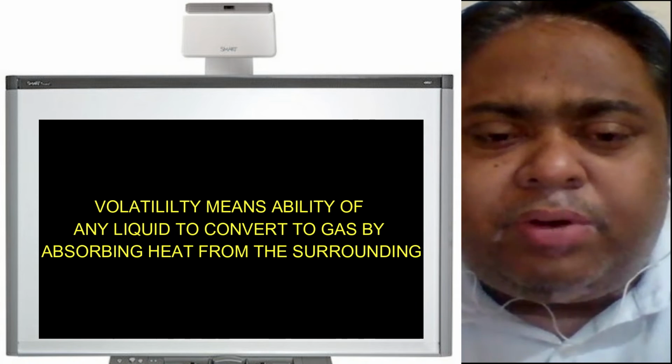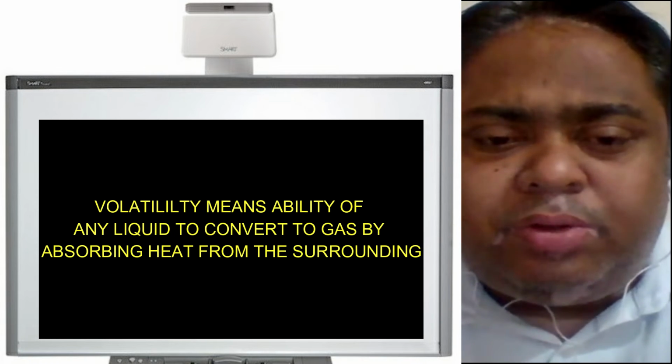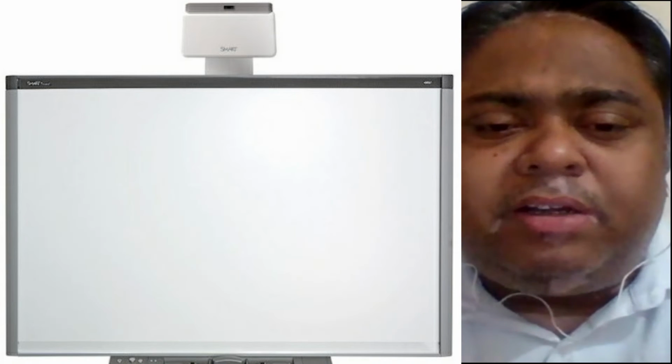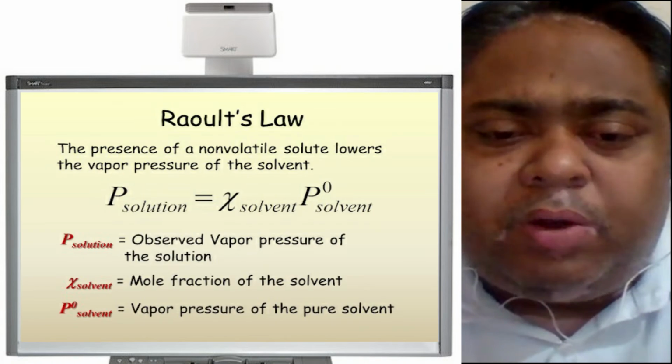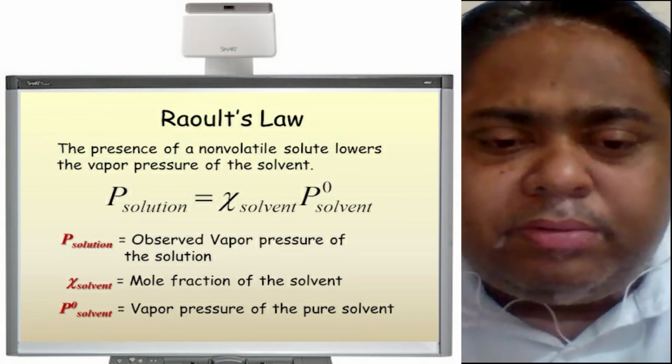Which type of solution do we call an ideal solution? Ideal solutions are those in which there is no net change in the volume when solute is added to the liquid. Such a solution obeys Raoult's law.